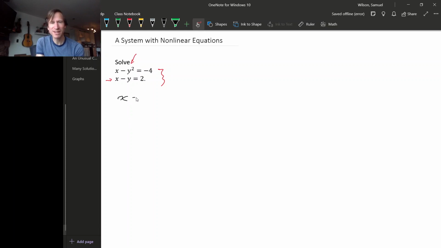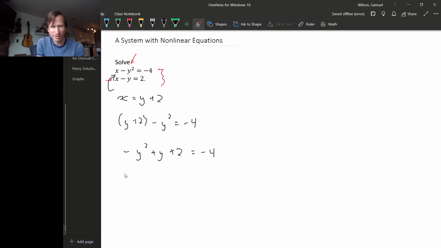So when we do that, we get x equals y plus 2, and now we can plug that into the first equation. We get y plus 2 minus y squared equals negative 4. And now we have an equation that only has y's. There aren't any x's here, so we can solve this for y. Let me just rewrite the left-hand side: minus y squared plus y plus 2 equals negative 4.